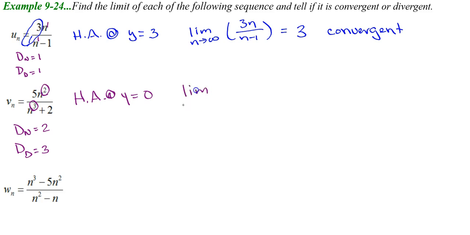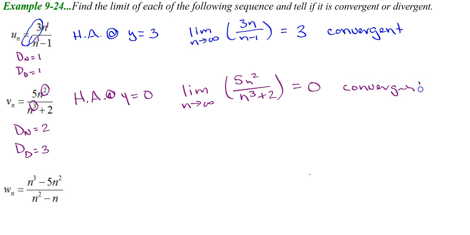So my limit as n approaches infinity of 5n squared over n cubed plus 2 is going to equal 0, which again tells me that this is convergent. So this just gives me a little bit of a shortcut to do this instead of having to graph it every time and look at it.